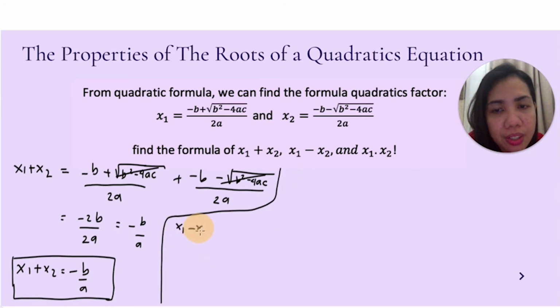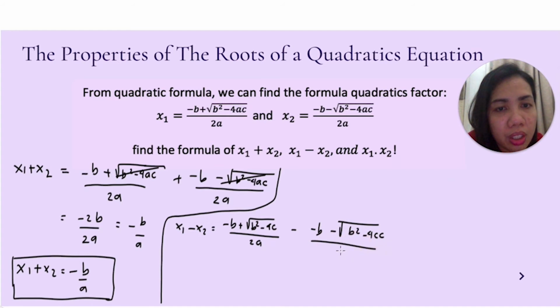For x1 minus x2, now we'll rewrite this: minus b plus the square root of b squared minus 4ac over 2a, and then minus, in here, minus b minus the square root of b squared minus 4ac over 2a.